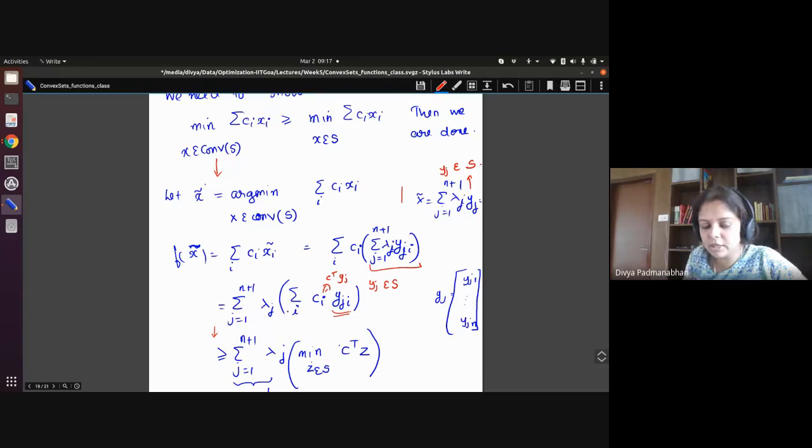For every j, you replace this by the minimum value, so that's why you have this greater than or equal to.